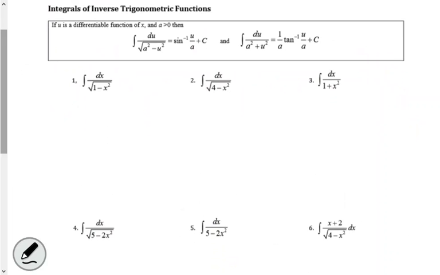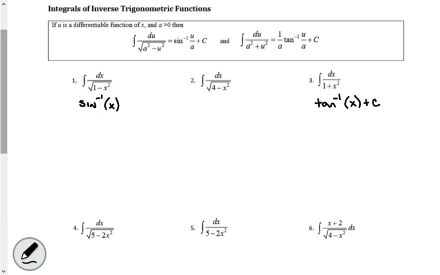And then inverse tangent is u over a, but then you end up having this 1 over a in front because it doesn't cancel out. So if you want to do it the first way, you can. If you want to do it the second way, you don't have to. One we already said was inverse sine. 3 we already said was inverse tangent.